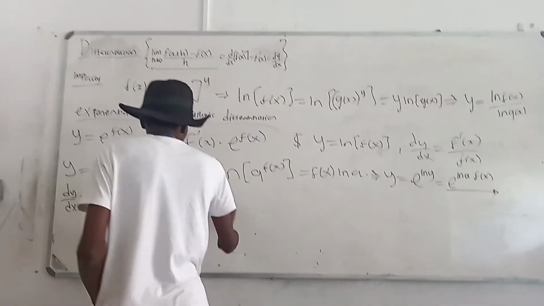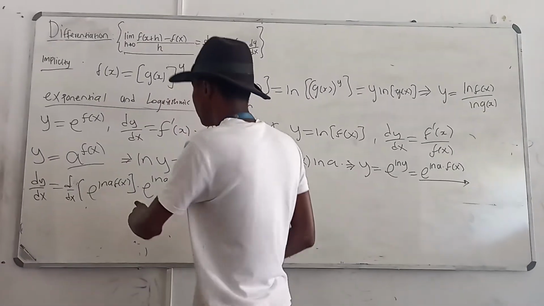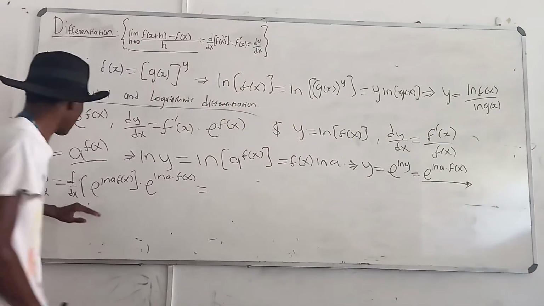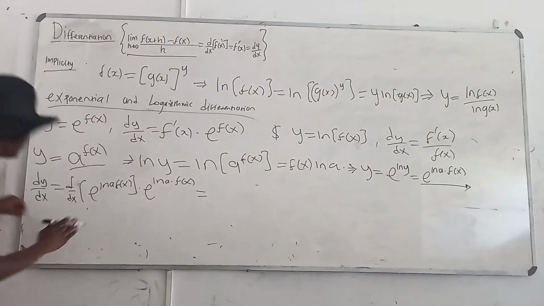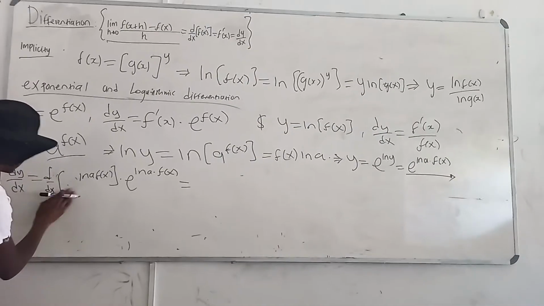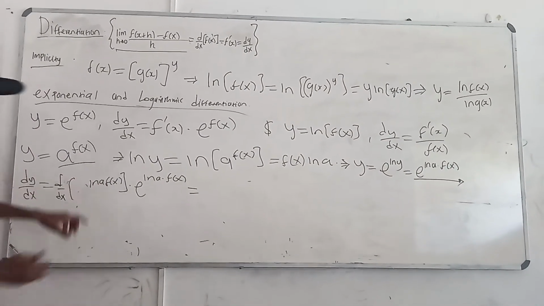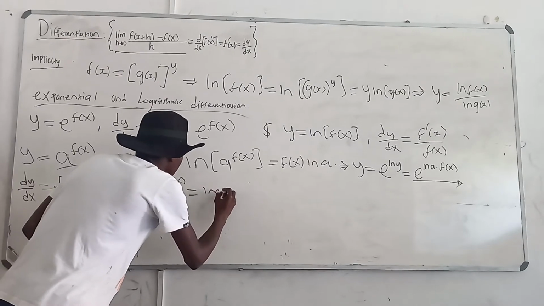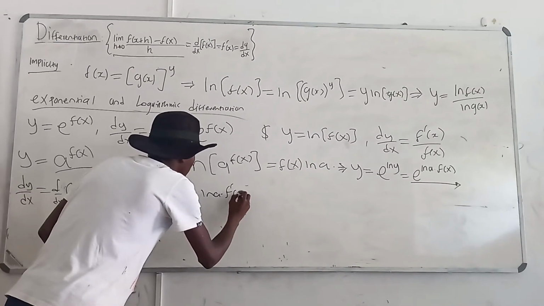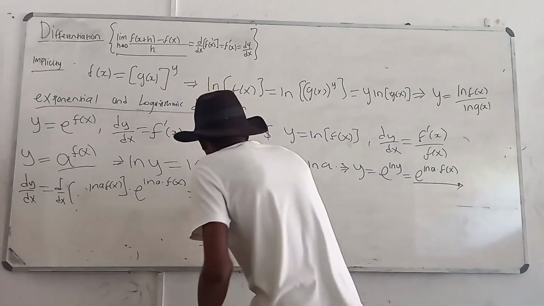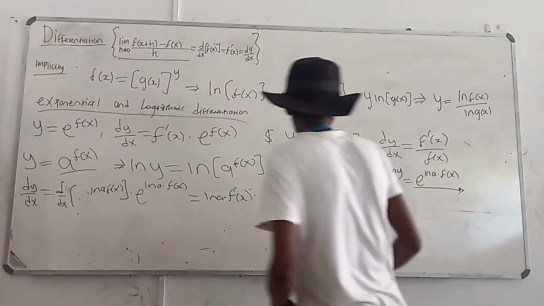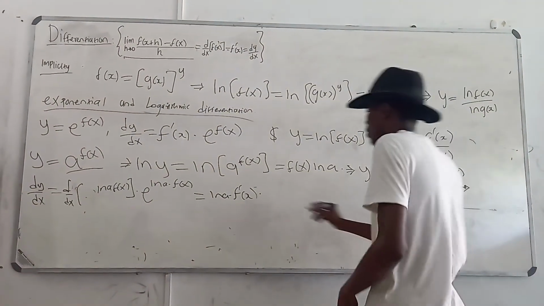So looking at this, it's nothing but the derivative of the power, the derivative of ln a f(x), not e, is given by ln a f prime(x) multiplied by y itself.